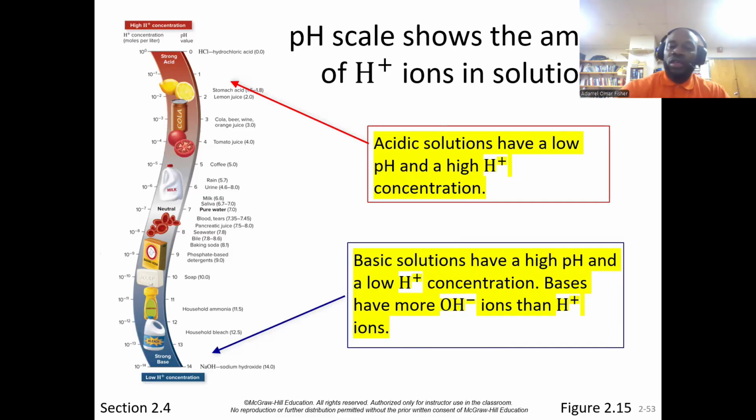We talked about this in our pH lab today. pH is very important in the body because the body wants to stay right around 7.35 to 7.45. Blood and tears are around 7.3 to 7.4 in pH. That's where your body wants to be.